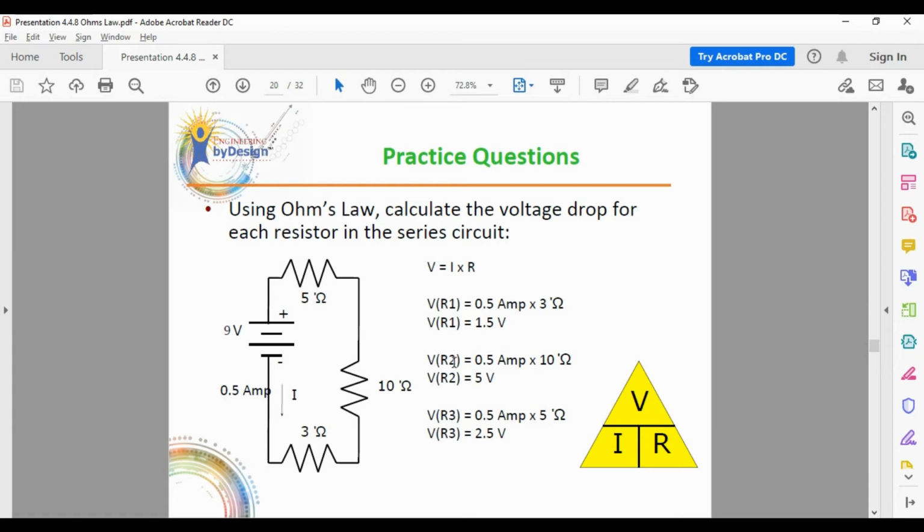The voltage drop of resistor 2 is half an amp times 10 ohms, which is 5 volts. And then finally for resistor 3, you have half an amp times 5 ohms, or 2.5 volts.